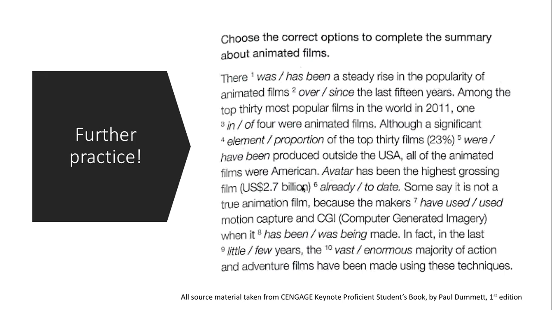Avatar has been the highest grossing film to date. Some say it is not a true animation film because the makers used motion capture and computer-generated imagery when it was being made. In fact, in the last few years, the vast majority of action and adventure films have been made using these techniques.